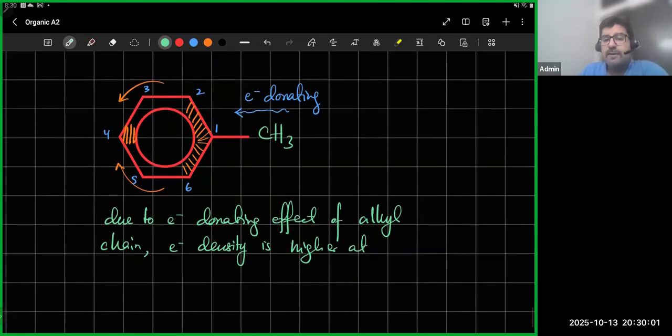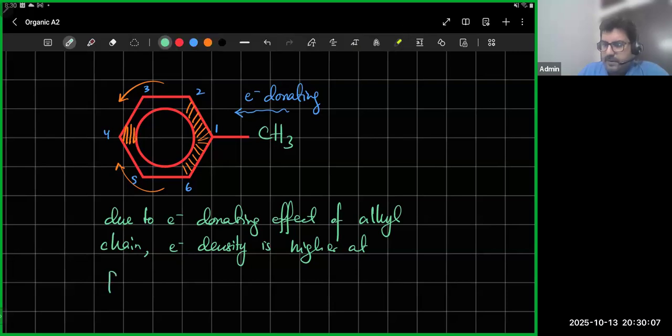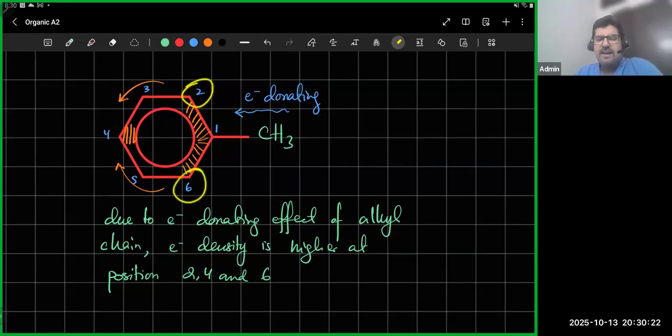I'm not counting 1 because 1 is where the methyl is attached. Normally you don't write 6, because position number 2 and position number 6 are kind of the same position. If you just flip it around, 6 and 2 are kind of the same position.